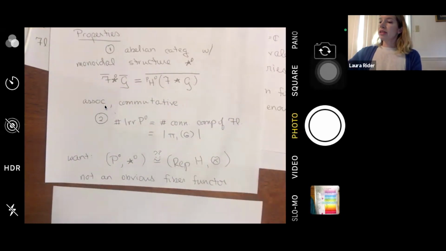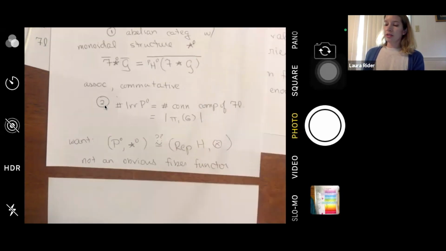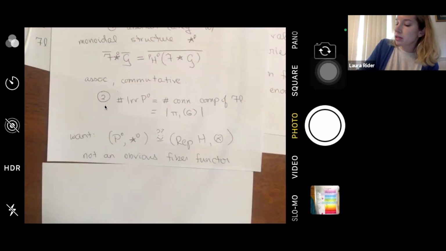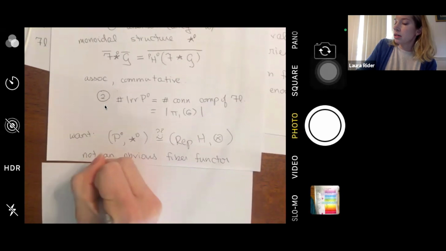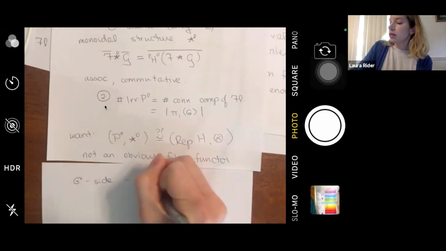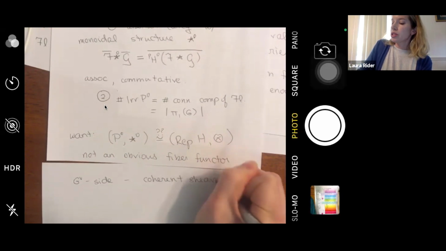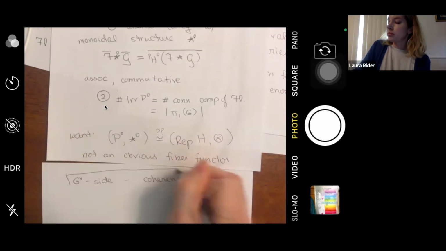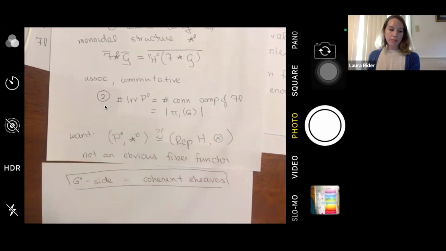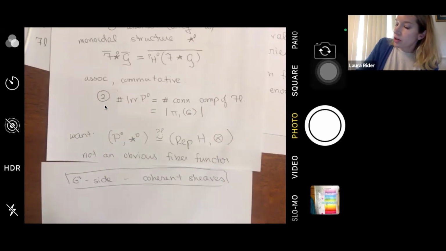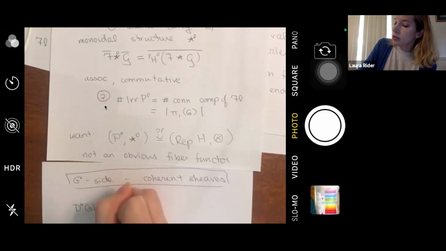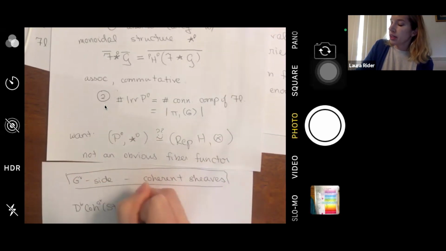All right, so now I'll tell you what happens on the other side, the category that we're considering. On the G-check side, I'm dealing with coherent sheaves. I don't want to work with this full category of sheaves on the Steinberg variety. I want to replace it with something that I feel like I understand better.